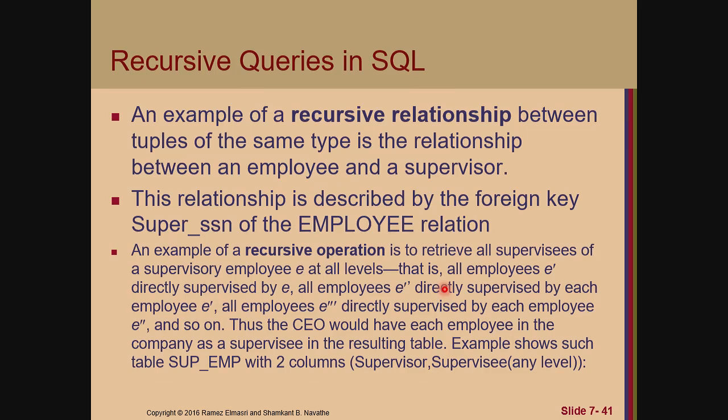Sometimes it's very complex. Anyway, that is all employees directly supervised by E, all employees E' directly supervised by each employee E', all employees E'' directly supervised by each employee E'', and so on. Thus, the CEO would have each employee in the company as a supervisee in the resulting table.